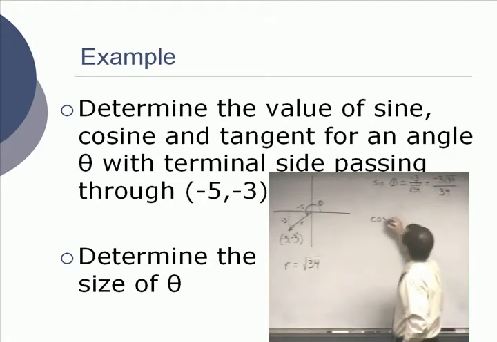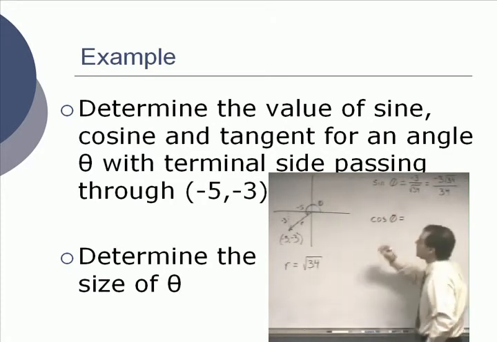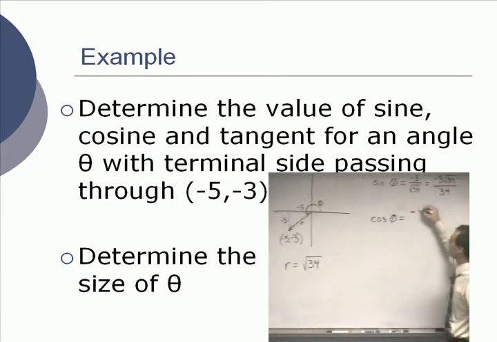Cosine theta. Negative 5 over the square root of 34, adjacent over the hypotenuse. Rationalizing becomes negative 5 root 34 over 34.